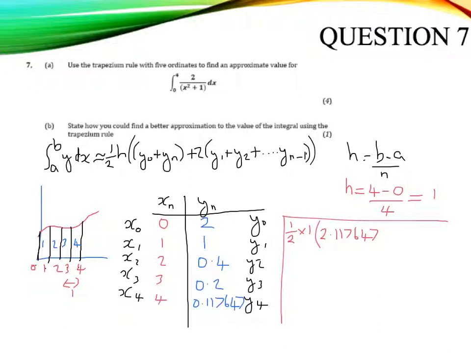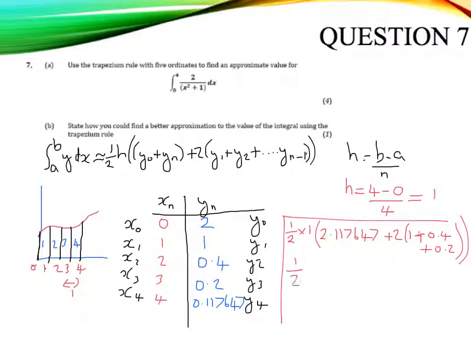Plus 2 lots of 1 plus 0.4 plus 0.2, or better still, we could say that's 2 lots of 1.6, which is 3.2.